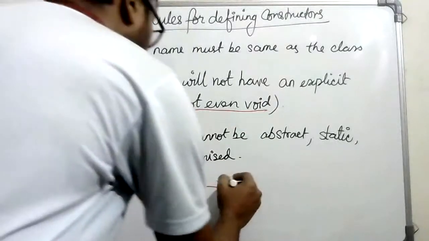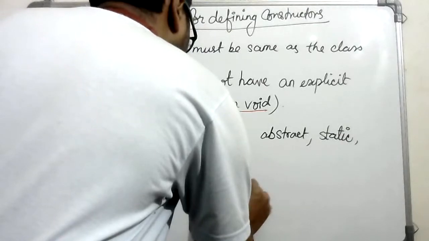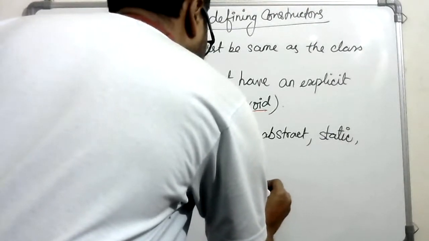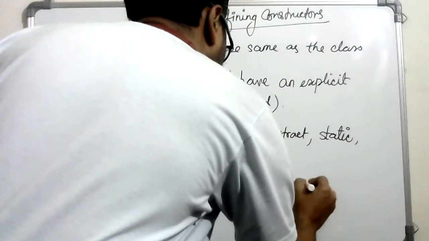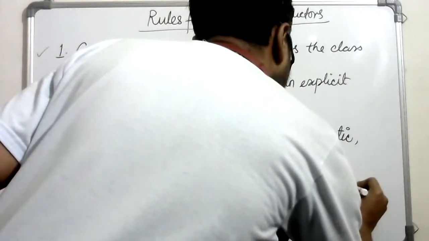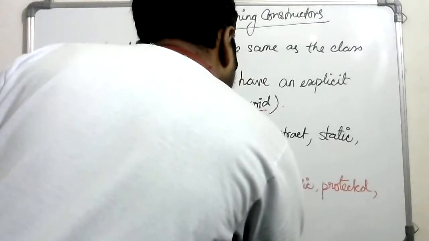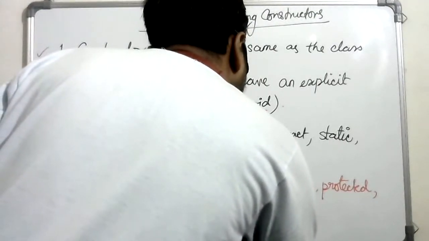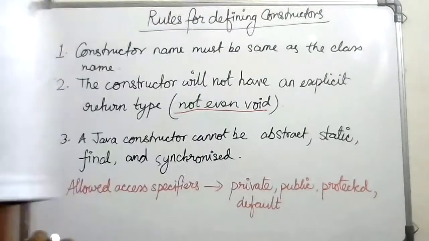Class has multiple others, but constructors can be defined with these: private, public, protected, default. These are the access modifiers that are allowed while declaring constructors.